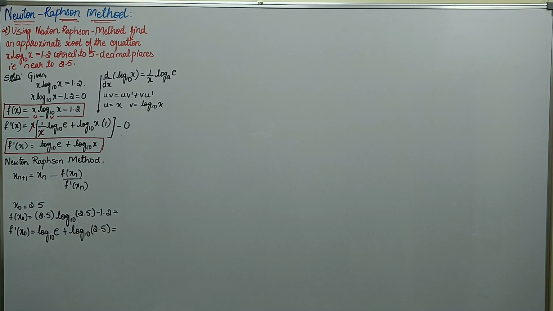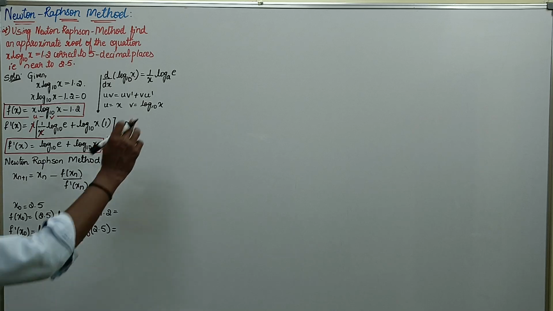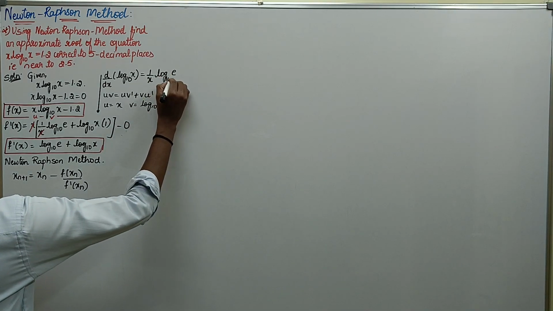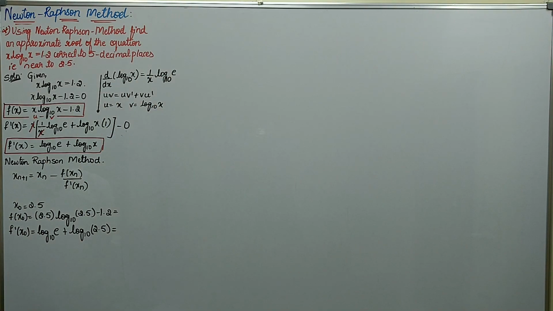Okay, done. Now let us use the calculator to represent the condition, or else in place of a just substitute 10 itself. Log base 10 x can be represented as 1 by x log base 10 e. Now let us simplify.